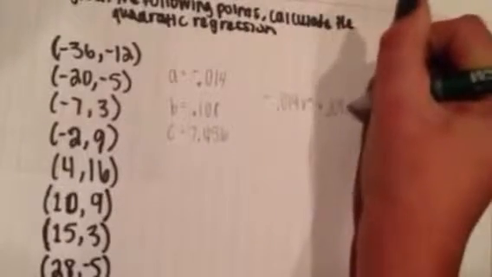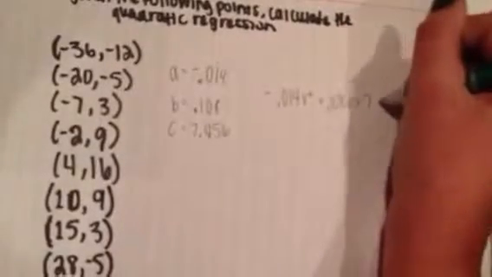B equals 0.108 rounded to 3 decimal places, and C equals 7.456 rounded to 3 decimal places, giving you a final equation of -0.014x squared plus 0.108x plus 7.456 as your final answer.